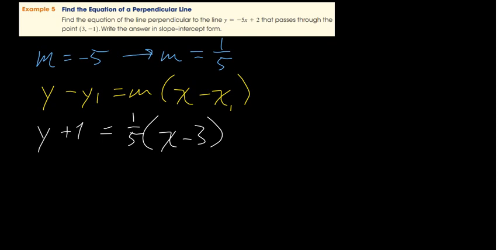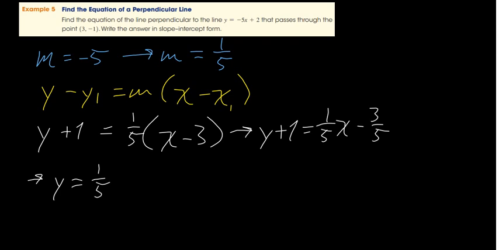All right, so let's clean this up a tad. We're going to have y plus 1 is equal to 1/5 x minus 3/5. And then we're going to subtract 1 from both sides. So y is equal to 1/5 x minus 3/5, and then we're going to have a minus 1.